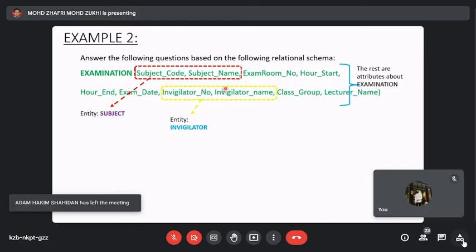So we know these two can be extract out to be the new entity, which is the invigilator. Okay, so we have two entities here, subject and invigilator. And then the rest, as it is not clear yet, we can put it as examination. Okay, examination.